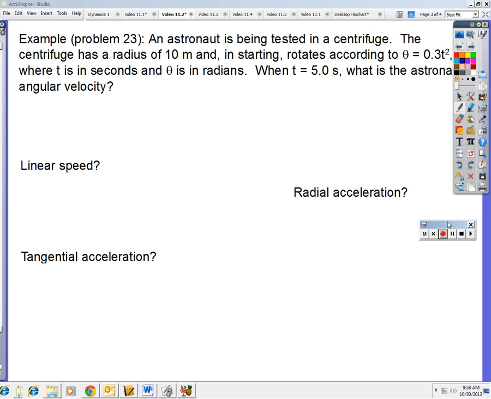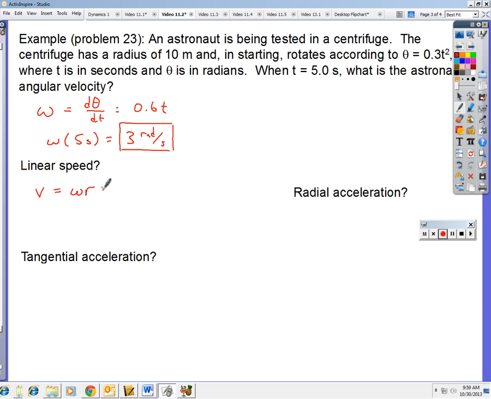Well, we've got theta as a function of time, and angular velocity, or angular speed, is the time derivative of theta. And so that's going to be 0.6 t, and at 5 seconds, that's going to be 3 radians per second. Pretty straightforward.